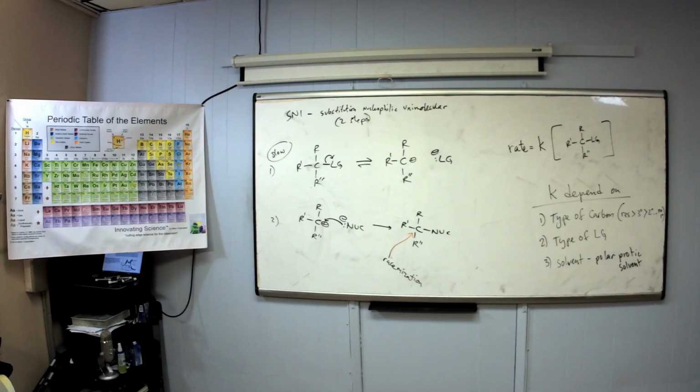I've already had at least one student email me and ask me, Professor, why is hydroxide a bad nucleophile? I thought you said that a nucleophile is a base. And number 1, hydroxide's not a bad nucleophile. But if you look at this table of nucleophiles, did anybody look at the table? There's a table of nucleophiles. Good nucleophiles, bad nucleophiles.